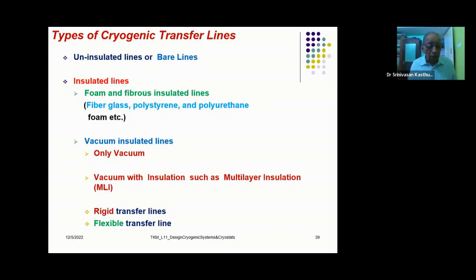What is multi-layer insulation? Multi-layer insulation is nothing but multiple layers of super insulation material. It takes care of the radiation coming from the ambient to the cryogenic fluid. The shields are made out of, let's say, aluminized mylar separated by a spacer, or aluminum foil separated by a spacer.